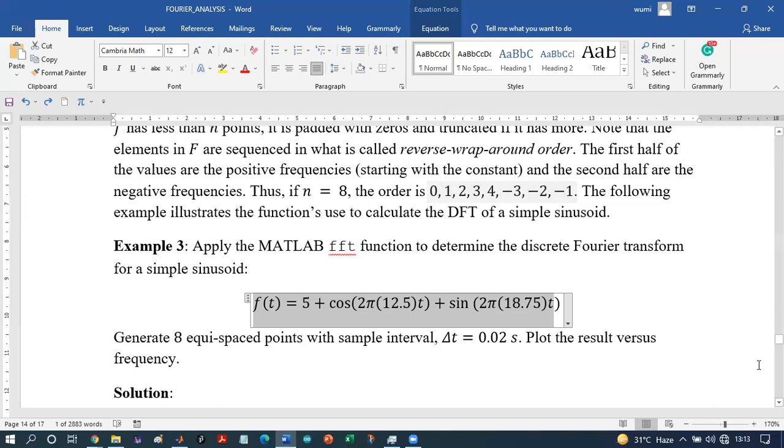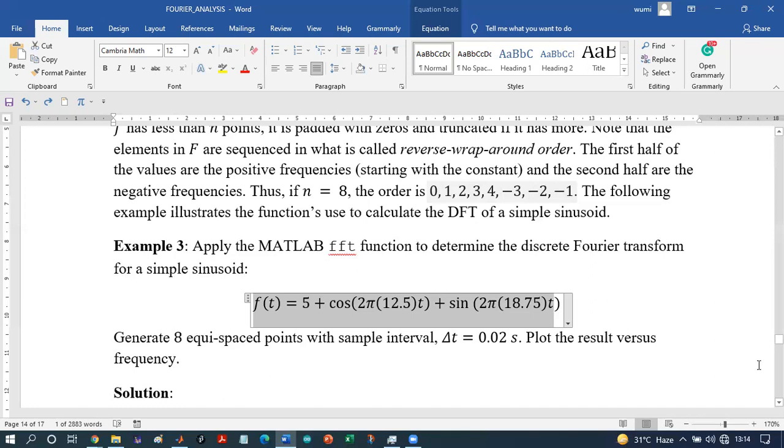If this is the signal, you want to get the DFT for k equal to 0, 1, 2, 3, 4, 5. For k equal to 0, k is 0 throughout. It's j that is changing, because you are summing over j. So you do this summation.